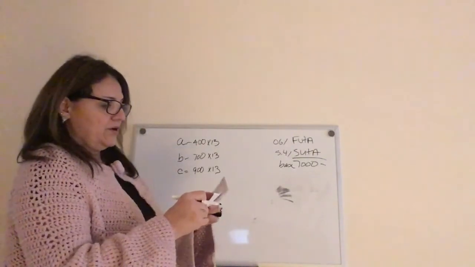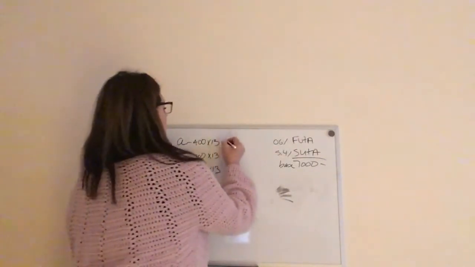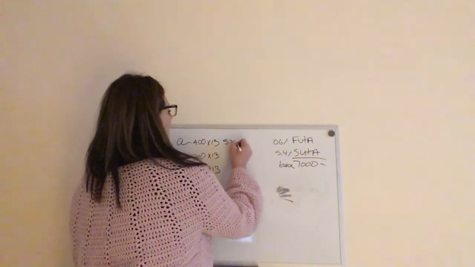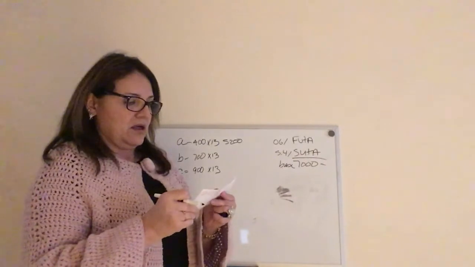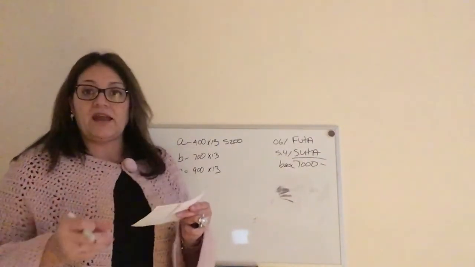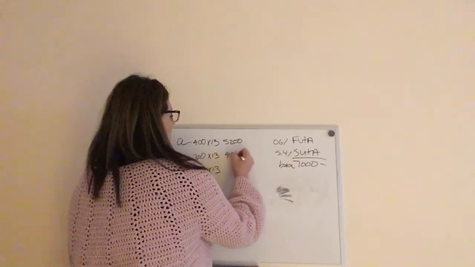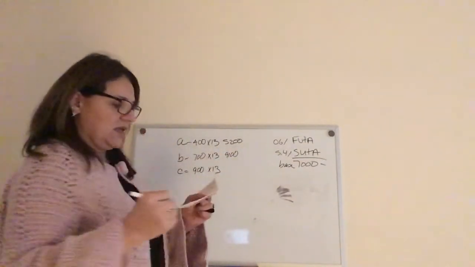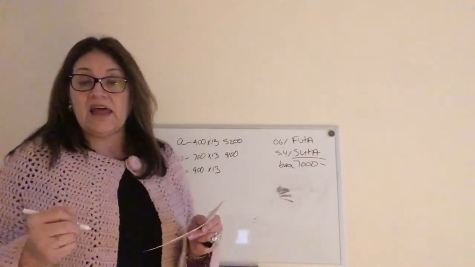So 400 times 13 gives us $5,200. Employee B gives us $9,100. Employee C gets $11,700.